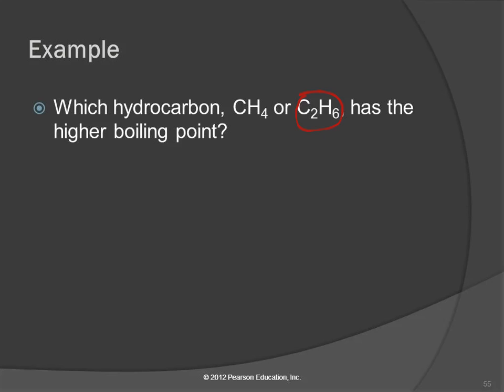Does that mean the boiling point will go up or down? If the forces that hold them together are stronger, do we have to put more energy in to melt it or boil it? Yes. Okay, and I really think just understanding what's going on here and reasoning it out is the best way to answer questions like this. So the boiling point of this one will be higher.